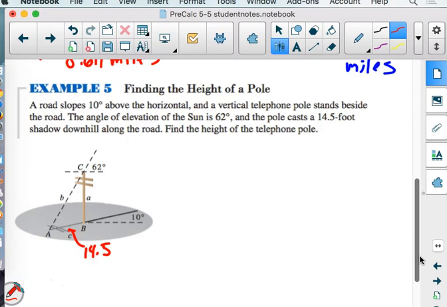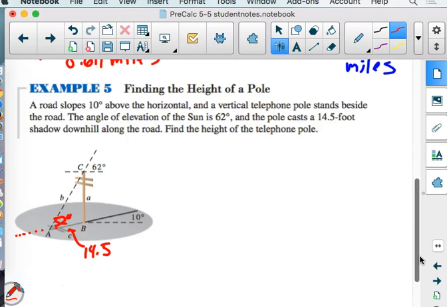Okay. Well, we did a little geometry here. We could say there's a new transversal here, and these would be corresponding angles, so this should be 62. It's not because the road slopes. So it was supposed to be 62, but 10 degrees of that slope is going to be eaten up by the road. So this is now going to be 52 degrees right here.